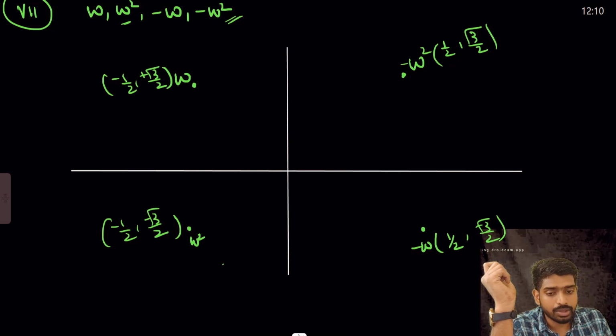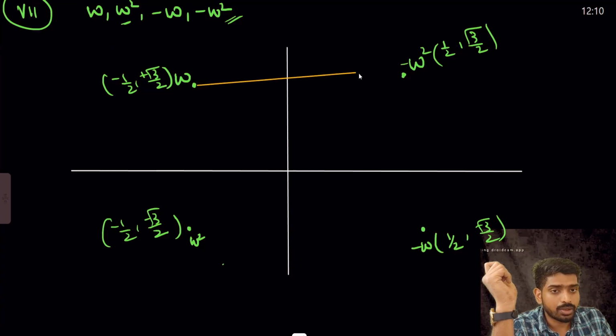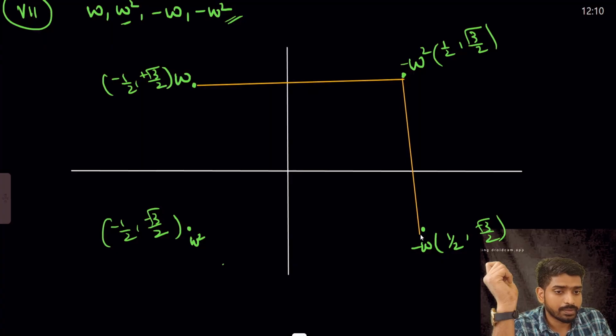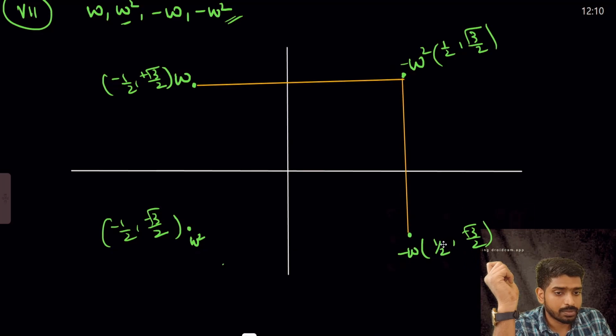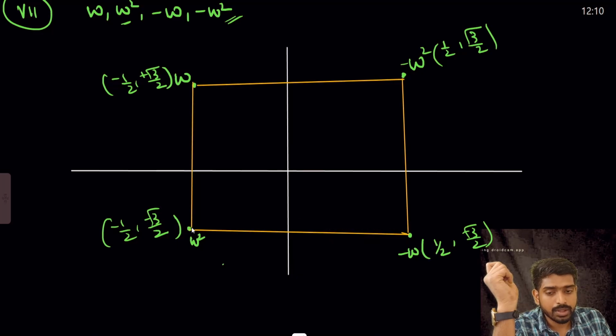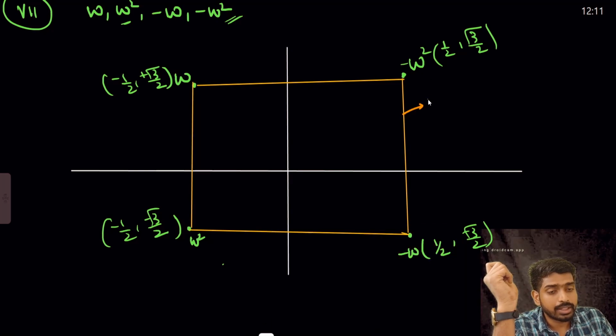If we join all these points, we'll get a rectangle, not a square.